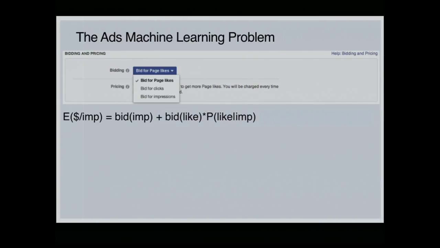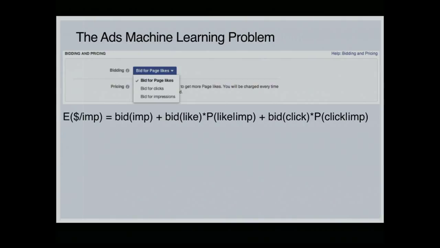So this is part of the interface that the advertiser sees. The first point here is to note that advertisers can bid for different events, different objectives. So here, this particular advertiser is maybe bidding for users liking its page.